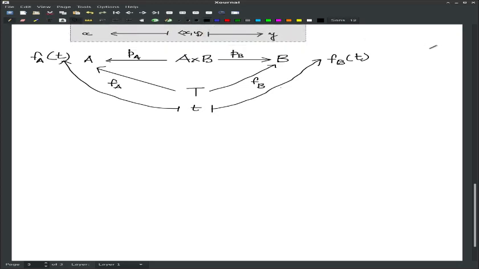So that ordered pair. Right? This ordered pair. And what does the projection do to this?